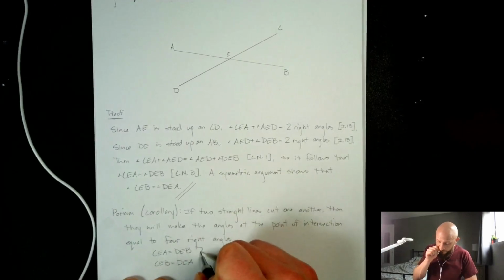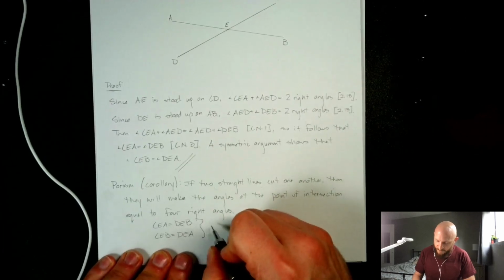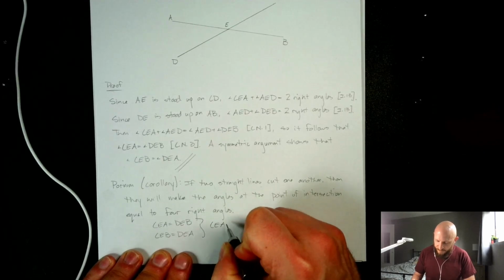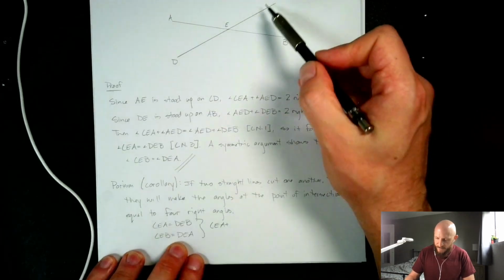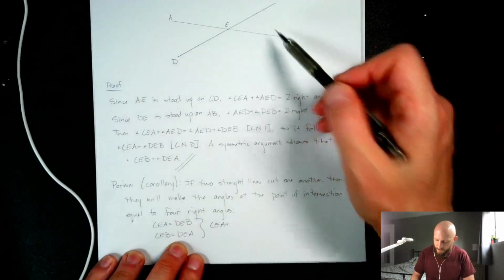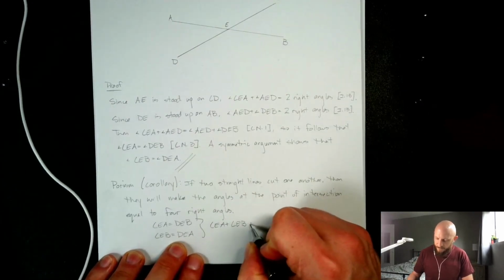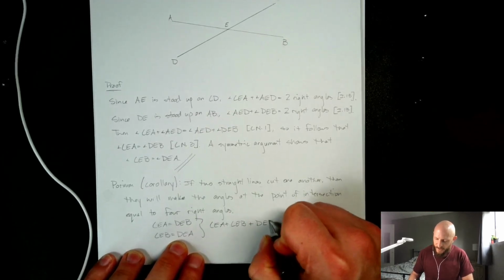All right, so if this is the case, then we could say something like, CEA plus CEB plus DEB plus DEA.